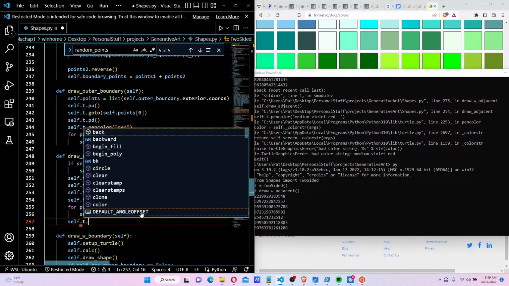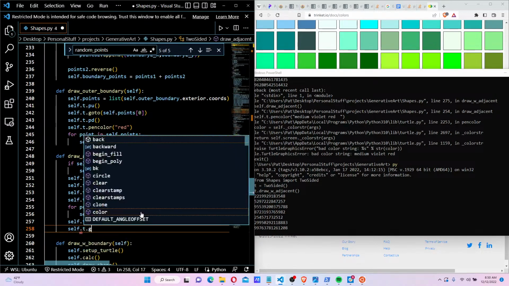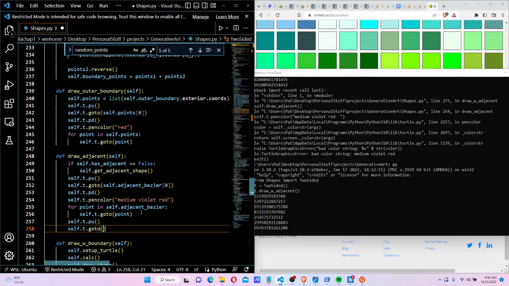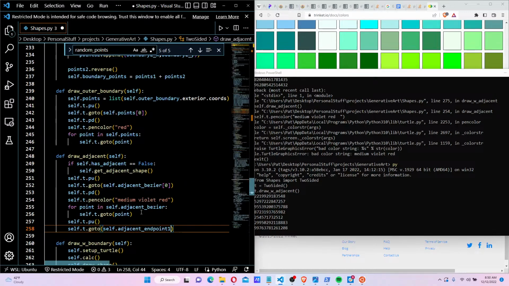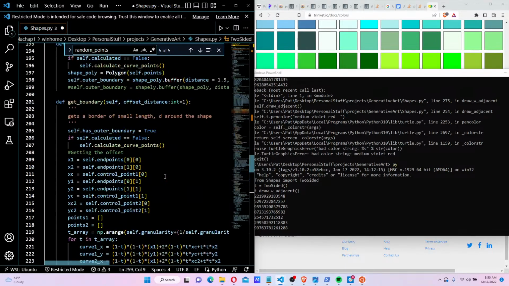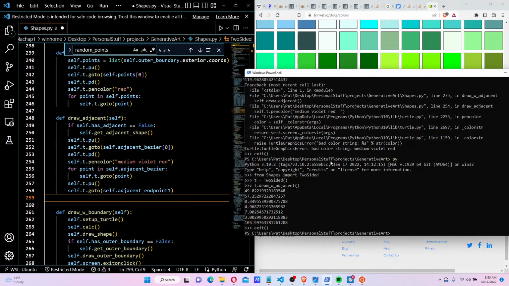So draw adjacent. Self dot t dot pick up. So pick up the turtle. Now self dot adjacent endpoint 1. And then I want to do a dot.